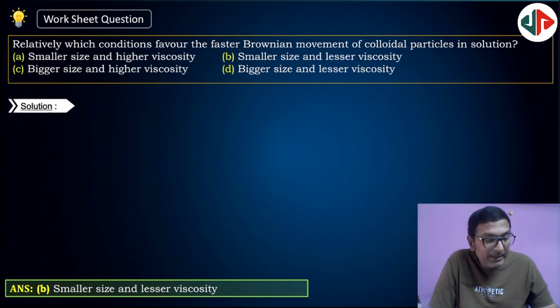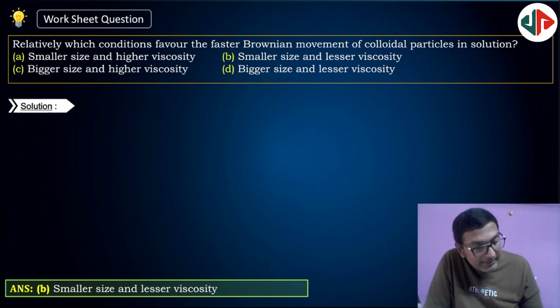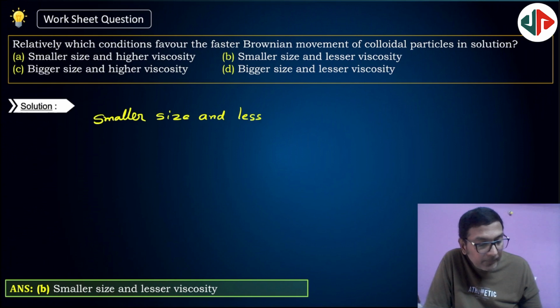Which condition favors faster Brownian movement of colloidal particles in solution? So movement will be rapid when size decreases. Smaller size and less viscosity.